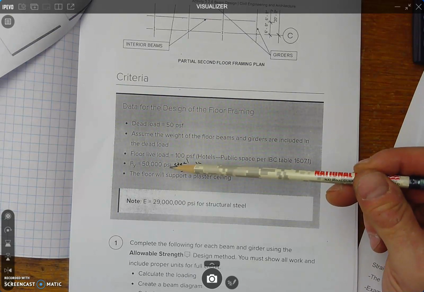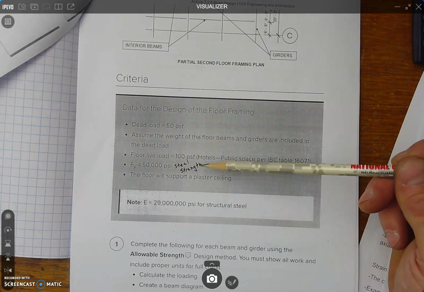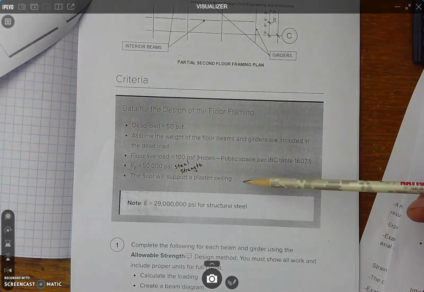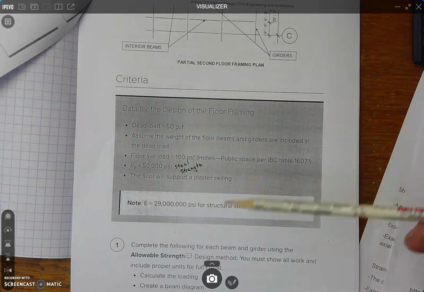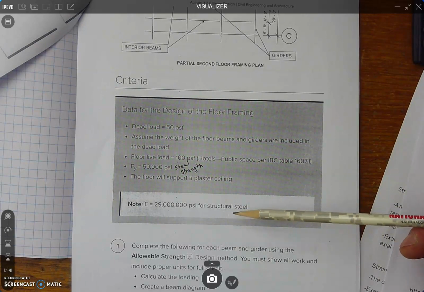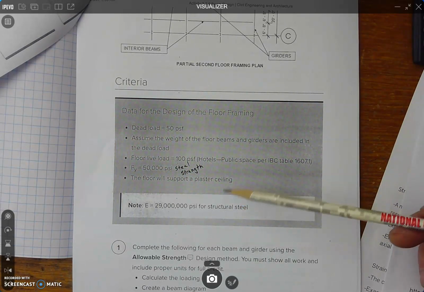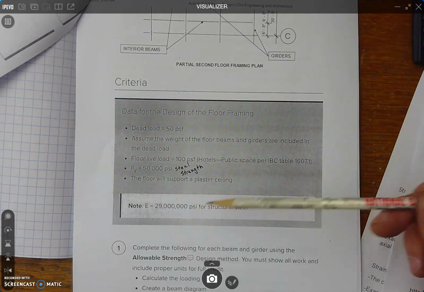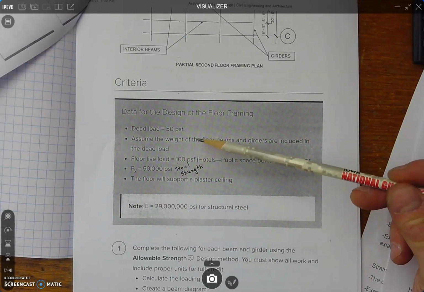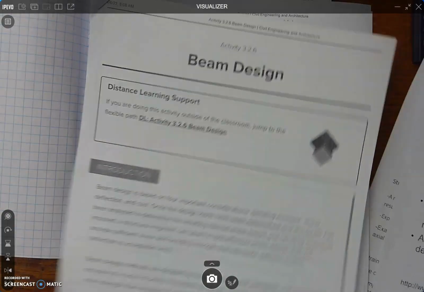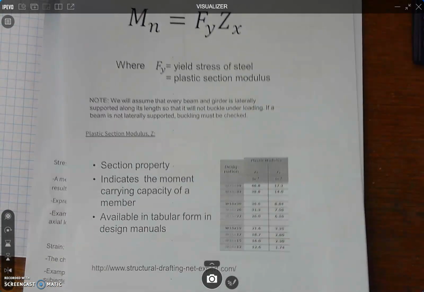They told us our Fy, which is a measurement of steel strength, is 50,000 psi, and they told us that our floor will be supporting a plaster ceiling. And down here, they tell us that our 29 million psi for steel structure is our E. This will all come into play later. It'll all make sense. But anyway, they give us this criteria. So this is our Fy for this formula right here.